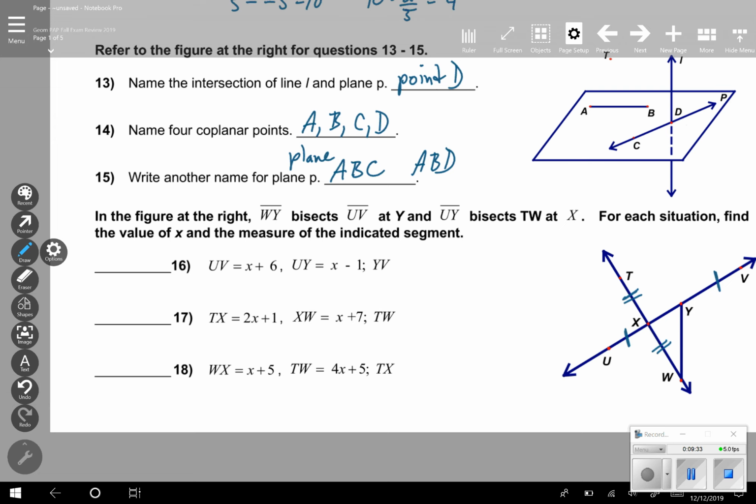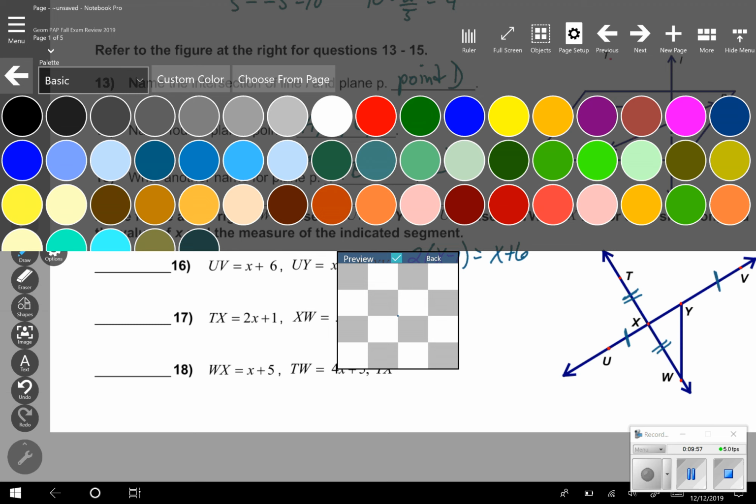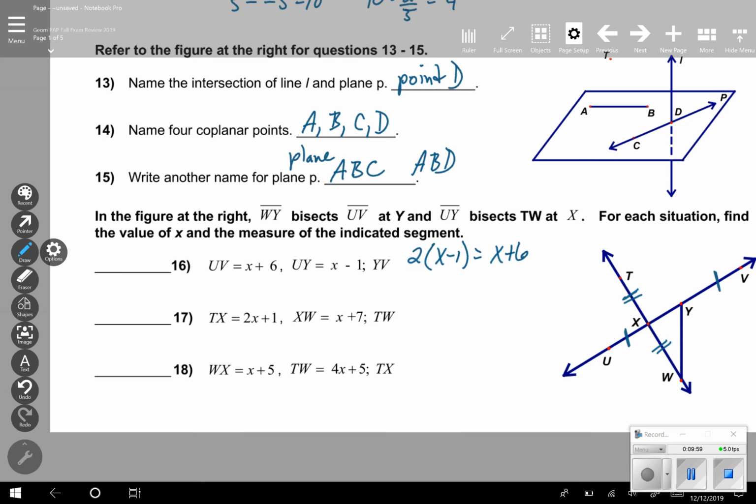So UV, the whole segment here, is X plus 6, and UY, which is half of it, is X minus 1. So I'm going to take UY and multiply it by 2, because it's half of it. So 2 times X minus 1 is equal to the entire line, X plus 6. Here, I'll put some colors.